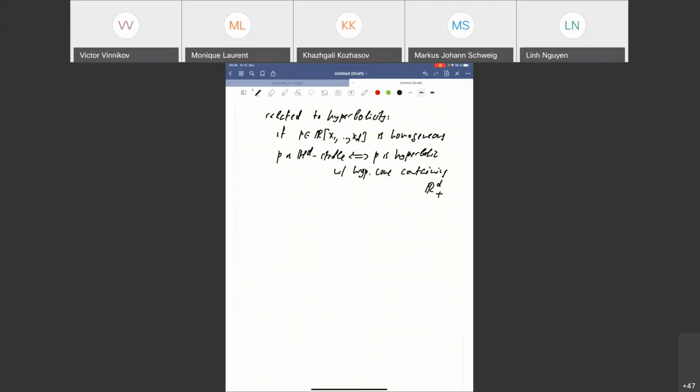So that's one way to put a connection between real stability and hyperbolicity. So that's one important special case.